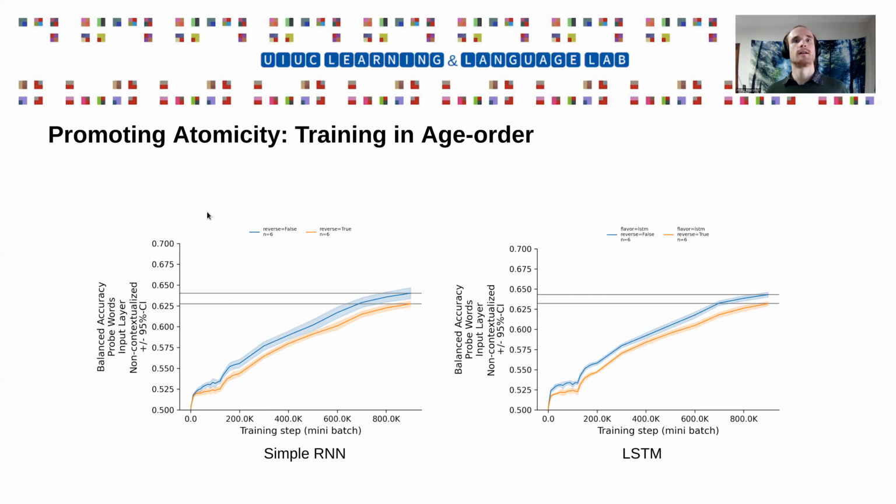So the results are in alignment with predictions. For the simple recurrent neural network in blue, I show the semantic categorization performance of models trained in age order, and they achieve long-lasting improvement. And compare that to performance in orange, models trained in the reverse order.